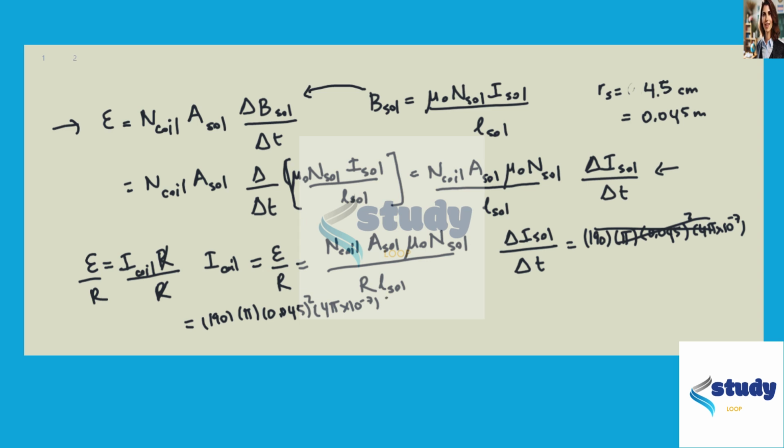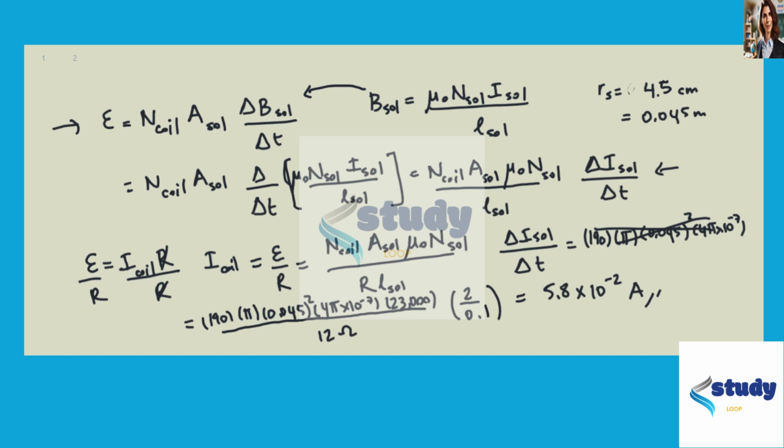So that was 23,000, right? Divided by R being 12 ohms given to us in the problem. Delta I solenoid over delta T, we had calculated it to be 2 over 0.1. So then what we find out, the magnitude of the current through the coil to be 5.8 times 10 to the power of -2 amps.